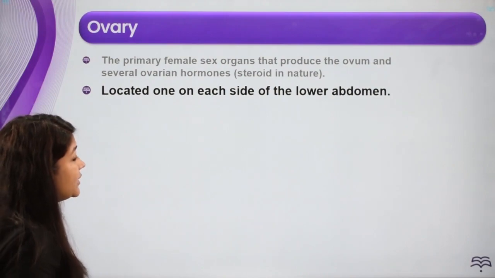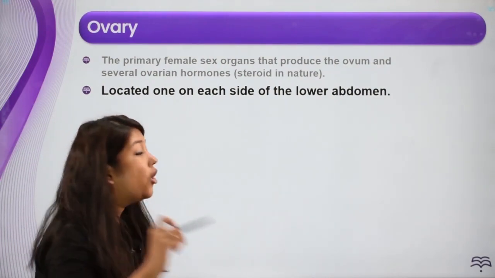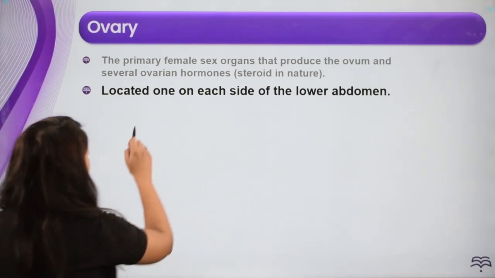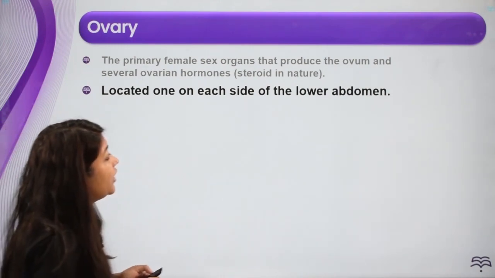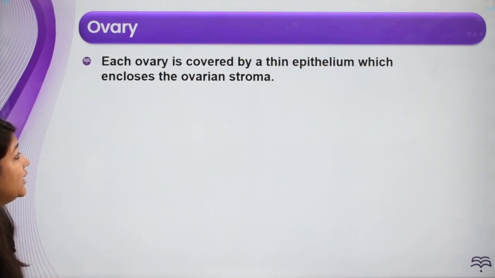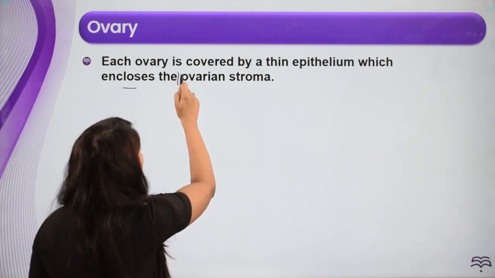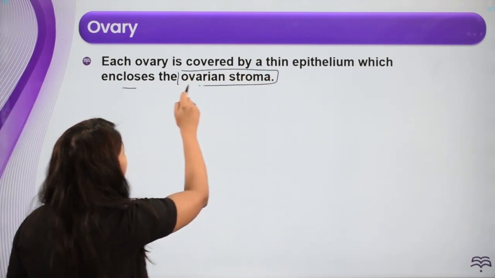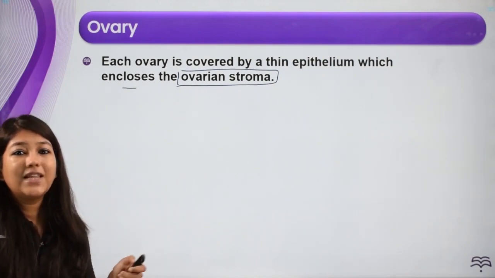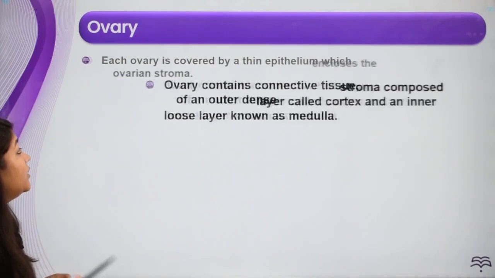Along with the gametes, along with the ovum, what else is getting produced from here? The hormones. They are located on each side of the lower abdomen. Now each ovary is covered by a thin epithelium which encloses the ovarian stroma. The connective tissue we find inside the ovary, we are calling it the ovarian stroma.